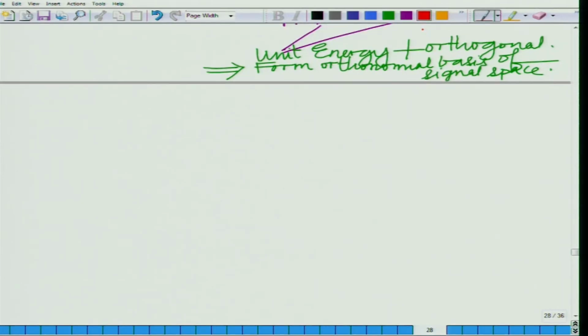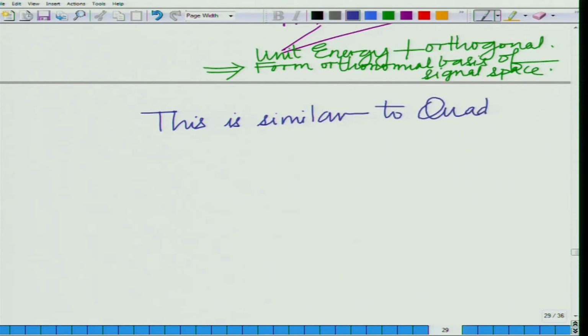And this is similar to, if you remember, some of you who have done a previous course, not quadrature amplitude modulation, I am sorry, this is similar to quadrature carrier multiplexing.